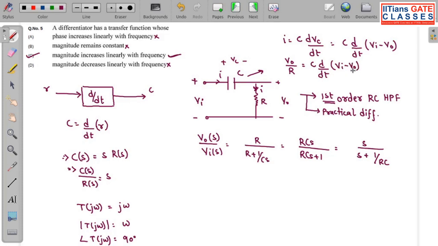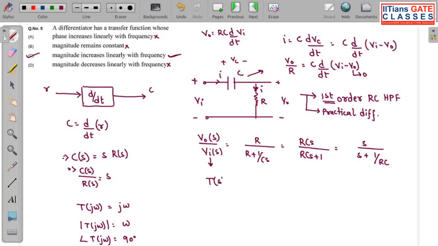And the output of this circuit will be constant, so that derivative term will result in 0, and then you can write V naught is equal to RC d by dt of Vi. So you can see this is your simple differentiator circuit only. Now let me denote this term by Ts.